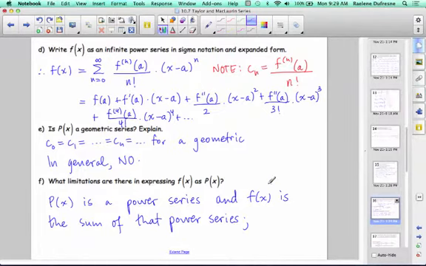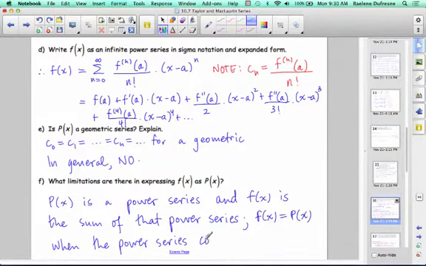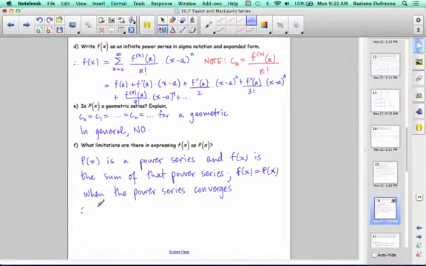So we can only say f of x is equal to p of x when the power series converges. And the power series will only converge on the interval of convergence. So therefore, f of x equals p of x only on the interval of convergence.